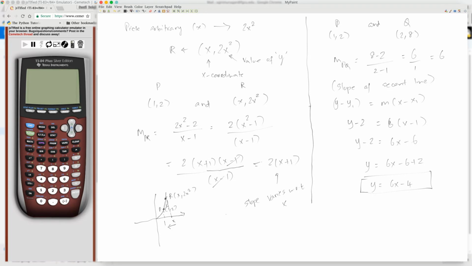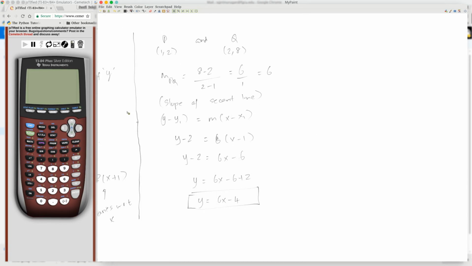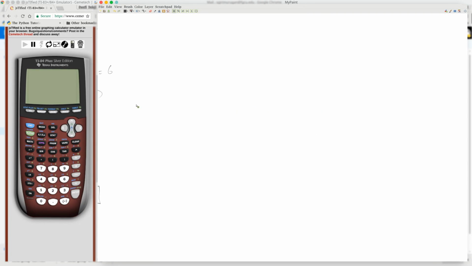And if I do that, I am going to get a corresponding slope at P. So let's see. The value of x and the slope PR.